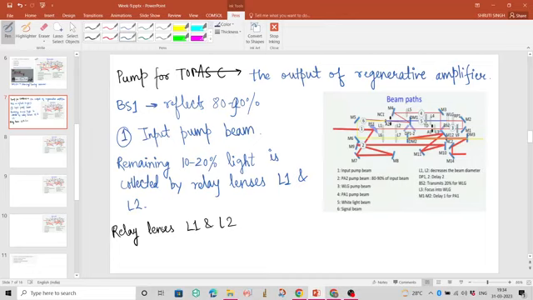The work of a relay lens is like this: if two lenses have the same focal length, and suppose a parallel beam comes, it's a convex lens, so when the beam hits it, it will be focused at a point.